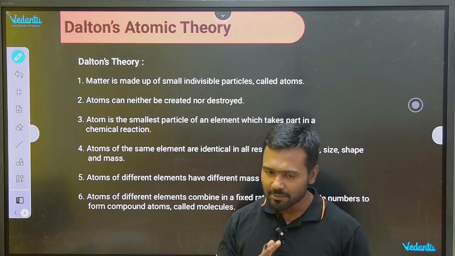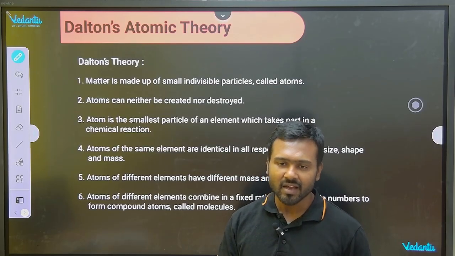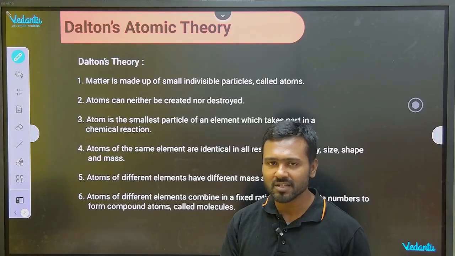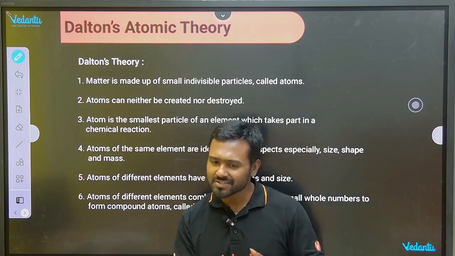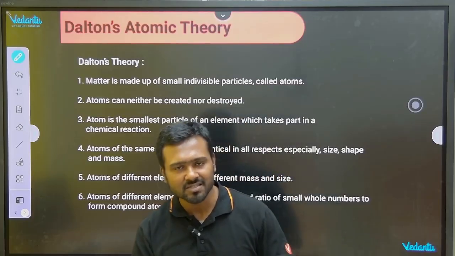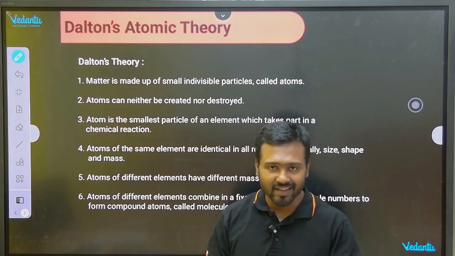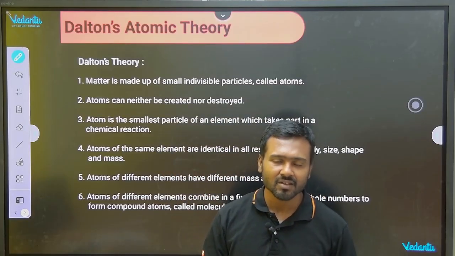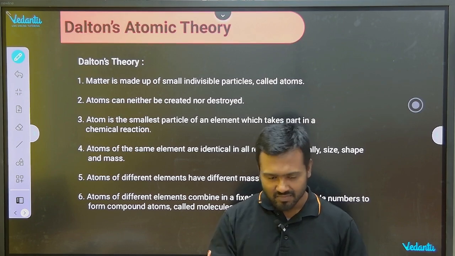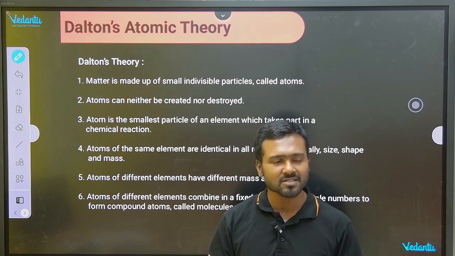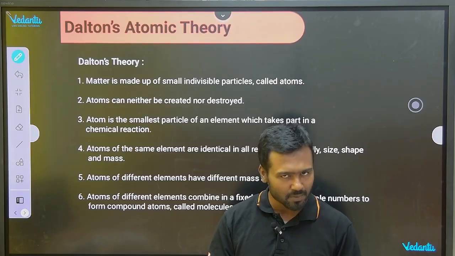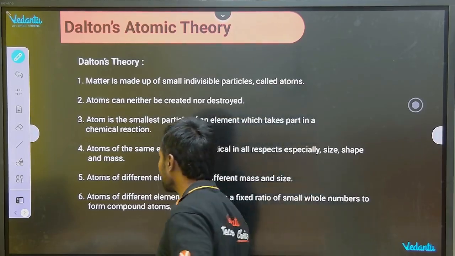Anyway, the law of multiple proportion was given by Dalton only, and if you carefully observe the postulates of Dalton's theory, the law of constant proportion and law of conservation of mass are there in the postulates. That is why Dalton's theory explains all three laws: conservation of mass, constant proportion, and multiple proportion, right?